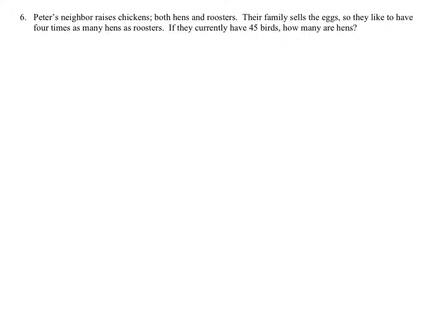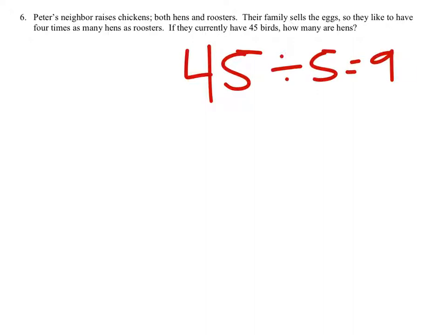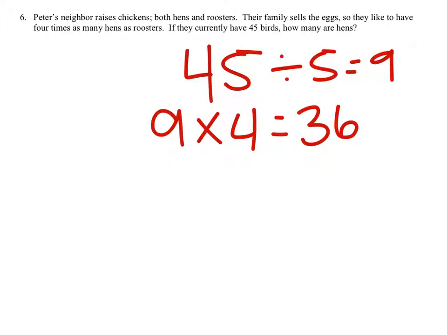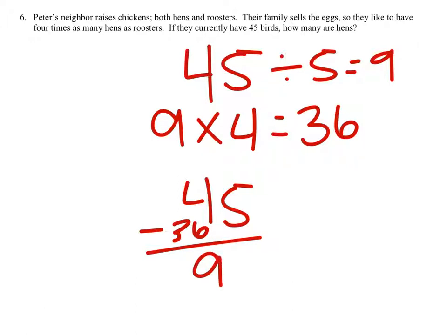Okay, so if you have 45 and you divide that by 5, it equals 9, and then you do 9 times 4, that equals 36, and then if you do 45 minus 36, that's 9, so there's 36 hens and then 9 roosters.